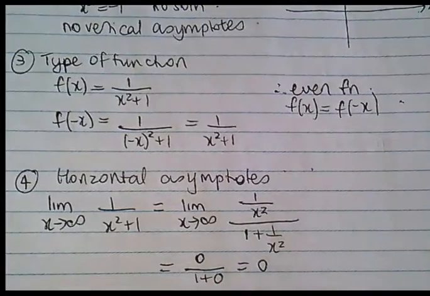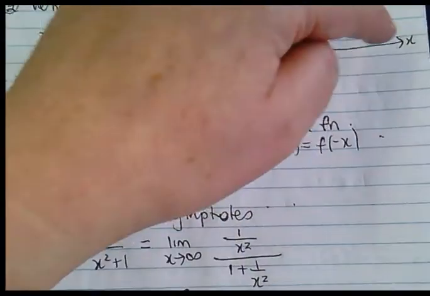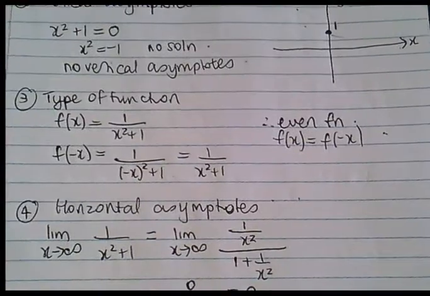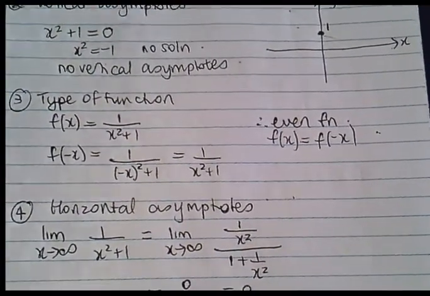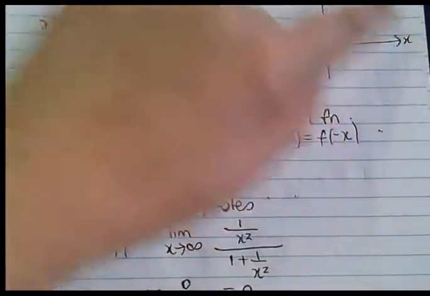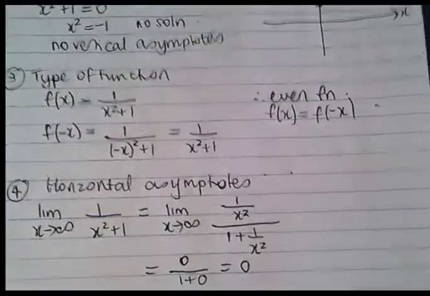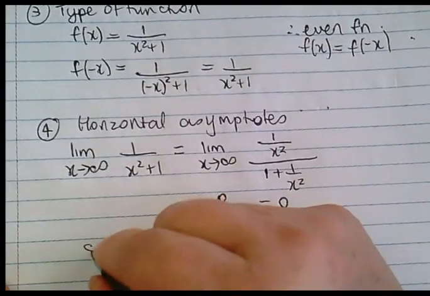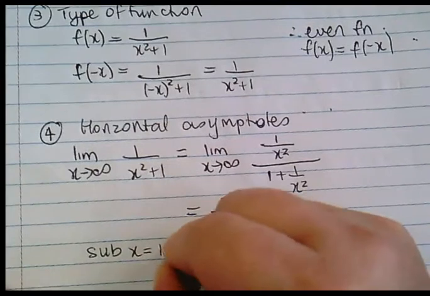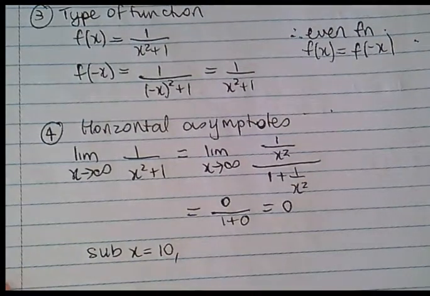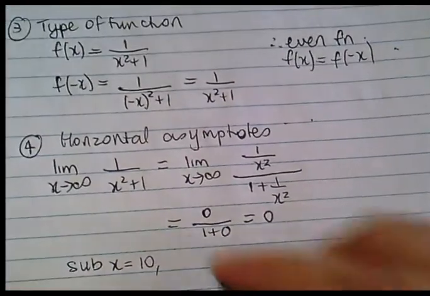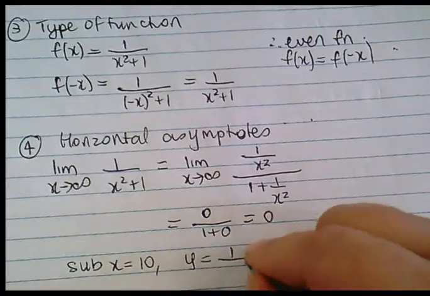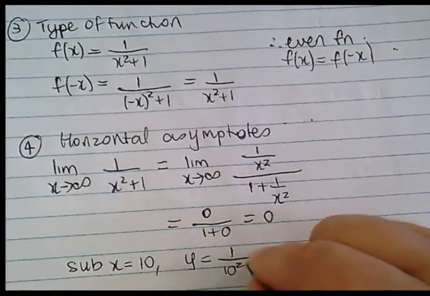But you want to see which side. It's more than likely going to come from above, but don't always assume it will. Here it will, because it never touches the x-axis. Let's just do it by substitution. Let's substitute x is 10. We're not going to go so big this time. When x gets big, what happens to this curve? y is 1 over 10 squared plus 1.